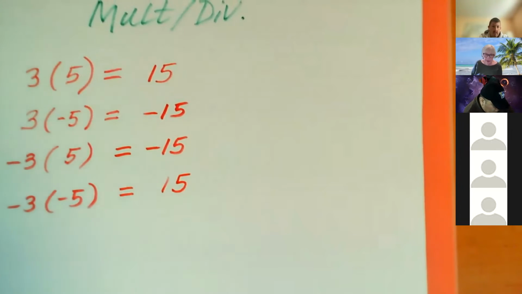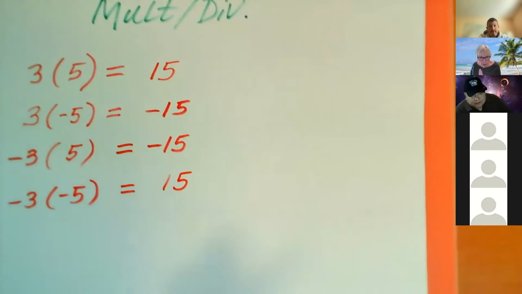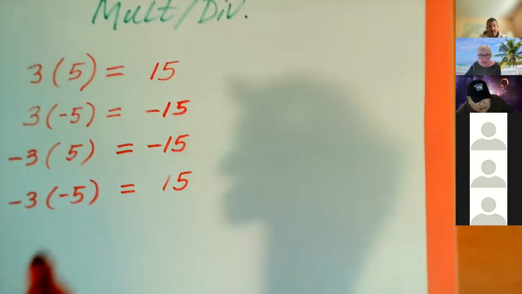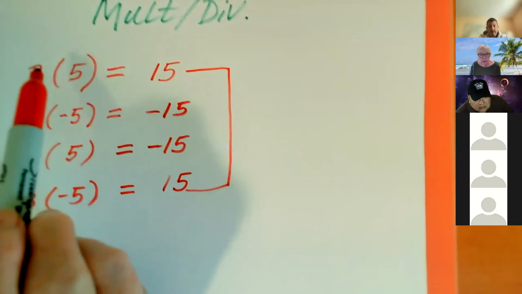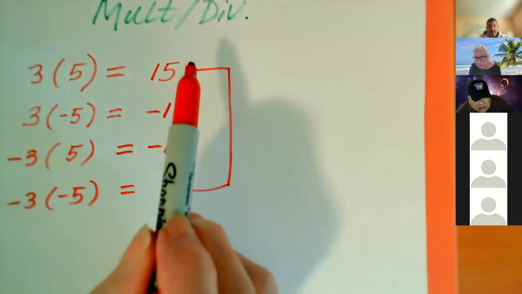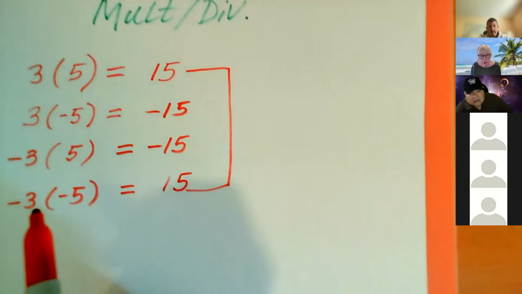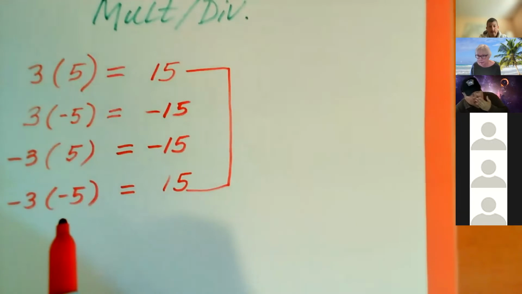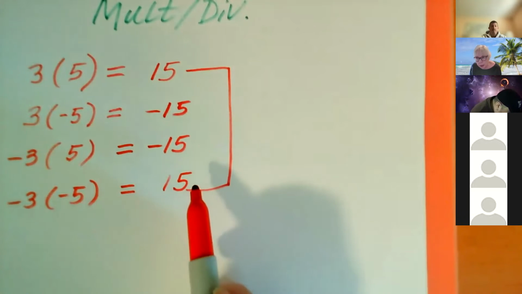So now this is our basis. This is where we're going to work from. So is there a pattern? I want you to see these 2. When it was 2 positives, it's positive, like it always was. When it's 2 negatives multiplied, a negative times a negative, it's a positive.